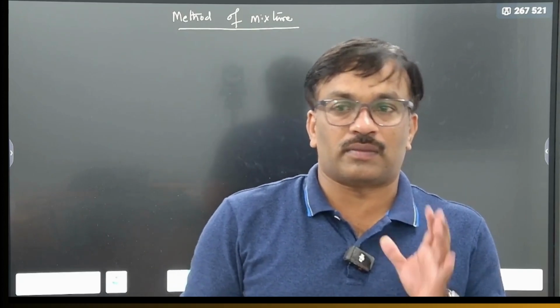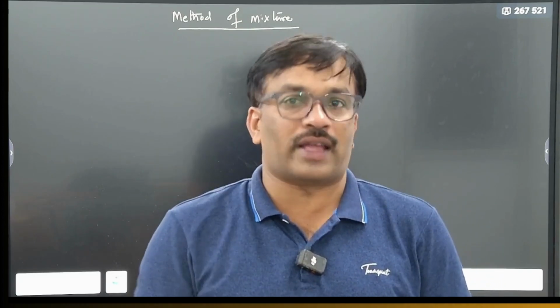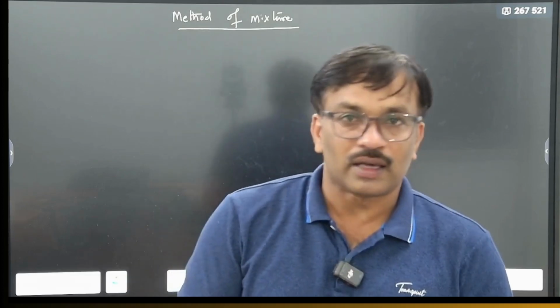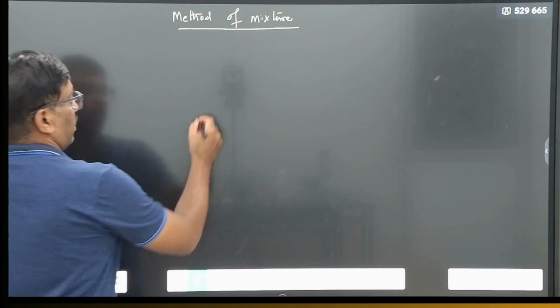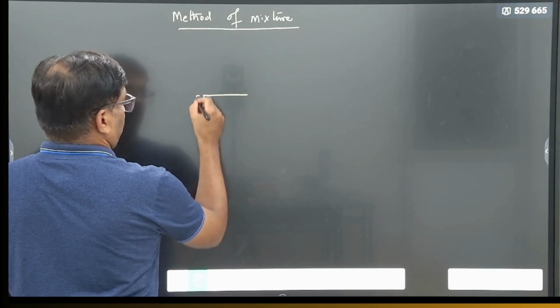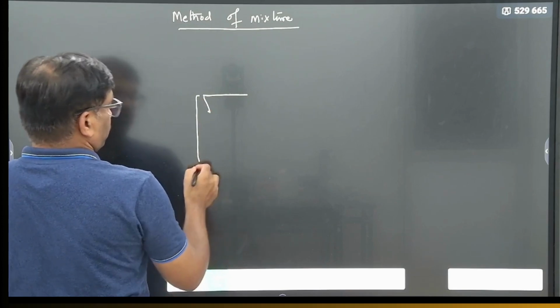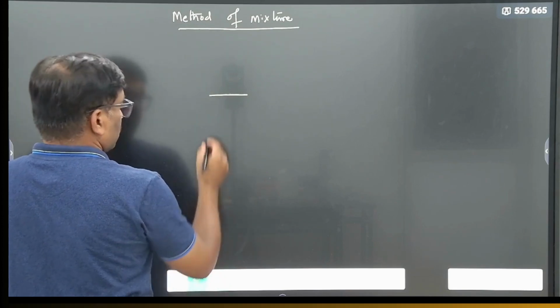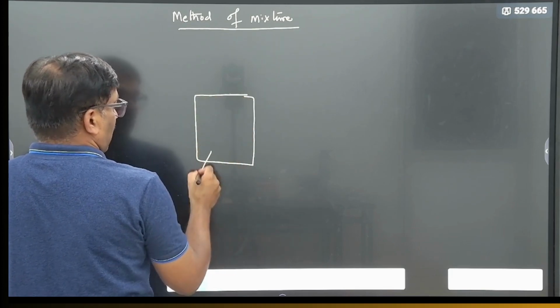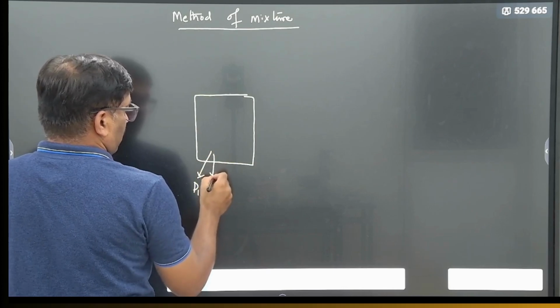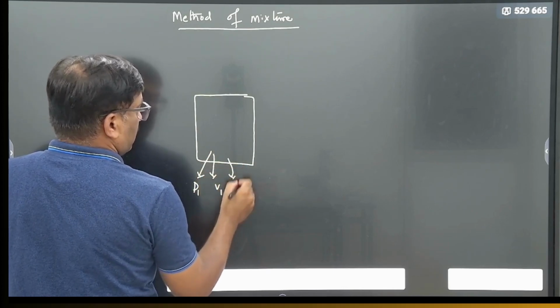They are said to be non-reactive, meaning no chemical reaction should take place. So let us see here. There is one gas kept in one container, having pressure P1, volume V1 at some temperature T1.